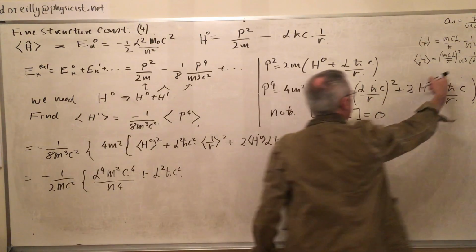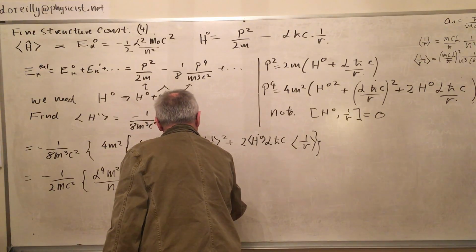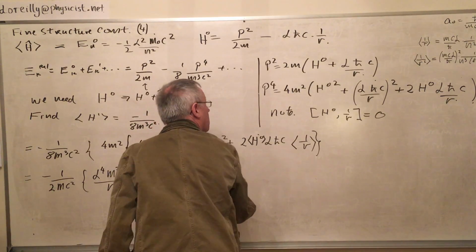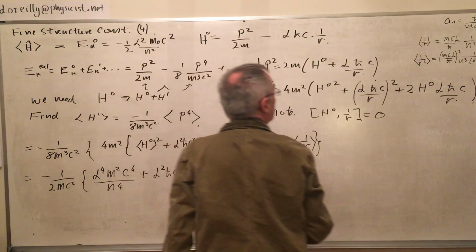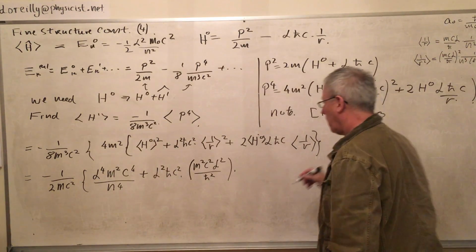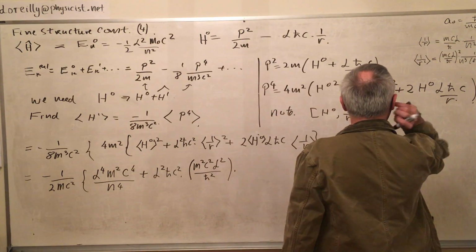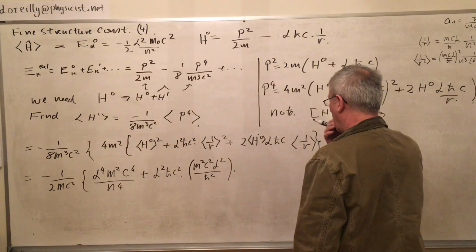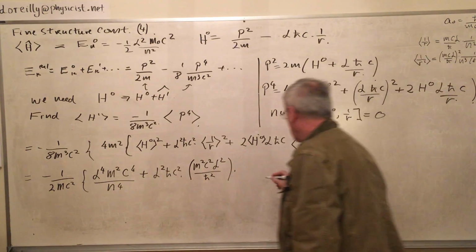1 over r squared is here. And 1 over n squared. No, I'm looking at the wrong one. This one, 1 over n cubed.